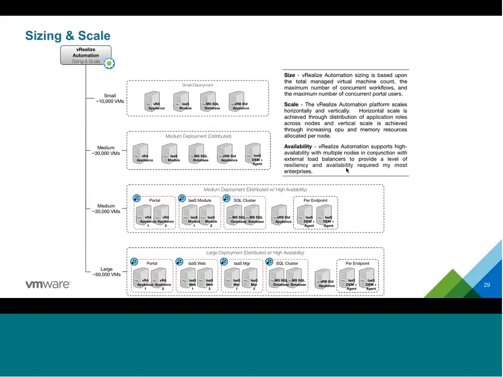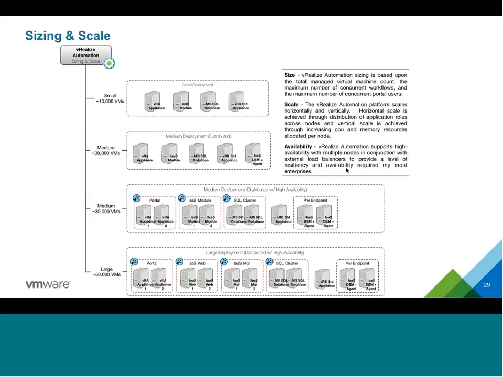But note that here we are talking about IaaS modules where the web component and the model manager are clubbed together. And in a large environment, which can typically handle up to 50,000 virtual machines, we distribute every component. Here again, we have 2 vRealize appliances. Then in the IaaS component, we distribute the manager service and the model manager.